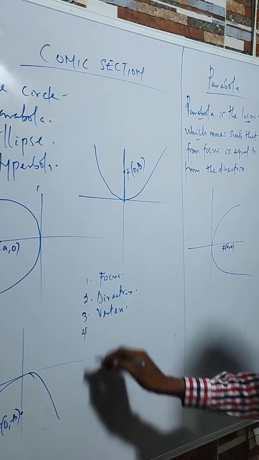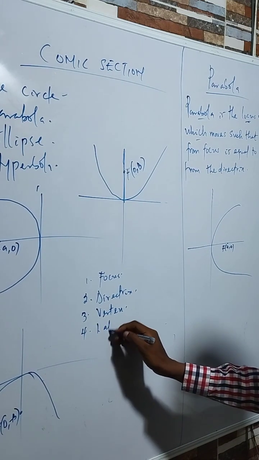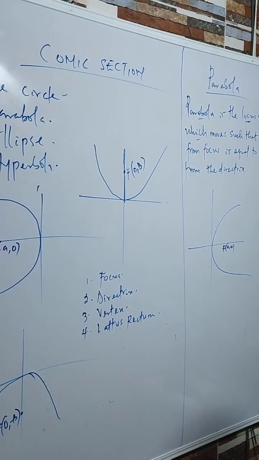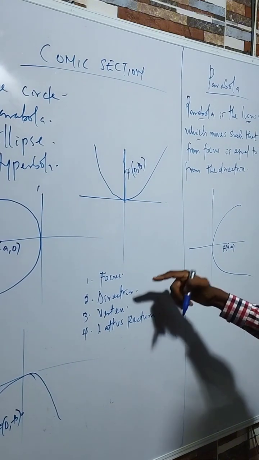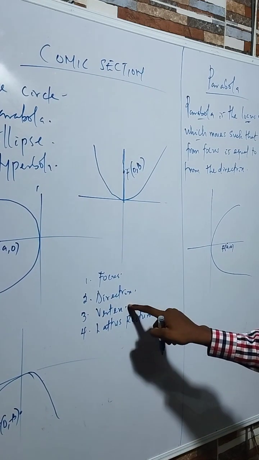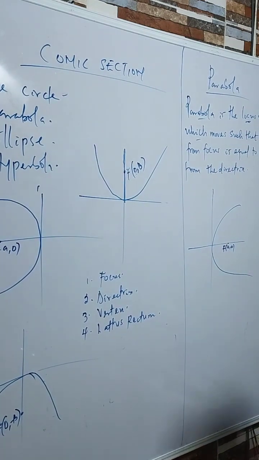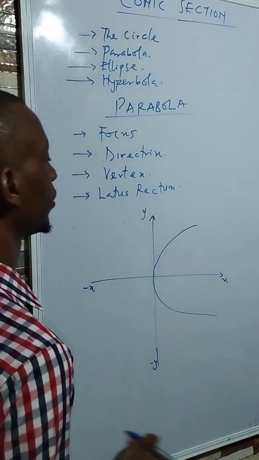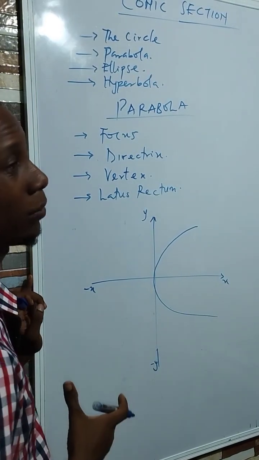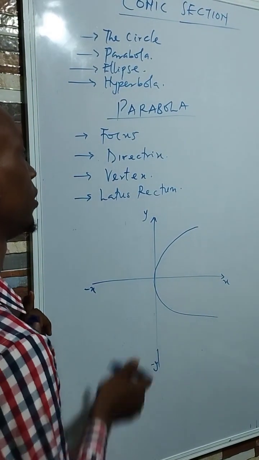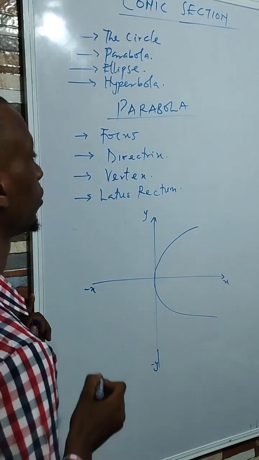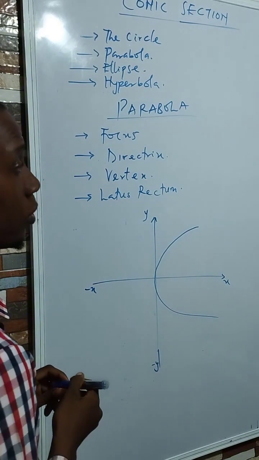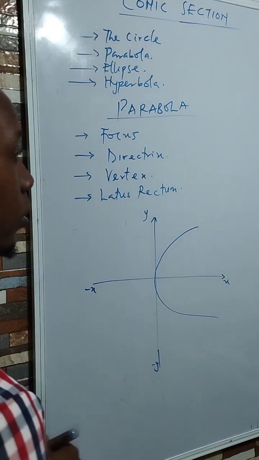We also need to understand what a latus rectum is. We have the focus, the directrix, the vertex, and the latus rectum. For you to understand the concept of a parabola, you are supposed to understand these four things in detail.